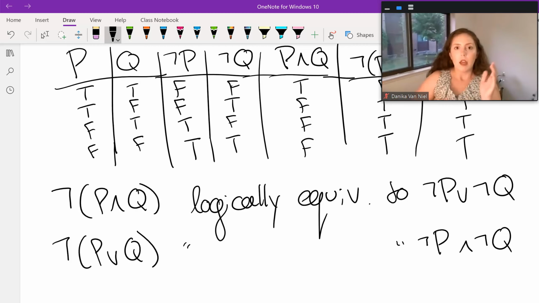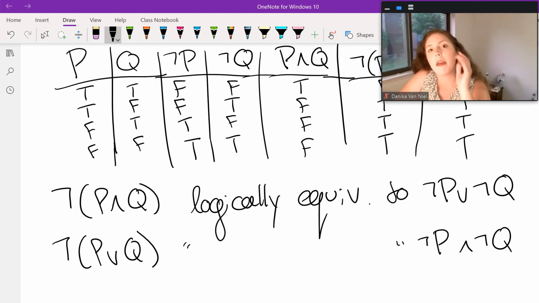Okay. So whenever P or Q is true, we have that either P is true, Q is true, or maybe both of them are true. So when's the only time that that's going to be false? That's the only time that the negation would be true. Well, it's only going to be false when P is false and Q is false, right?